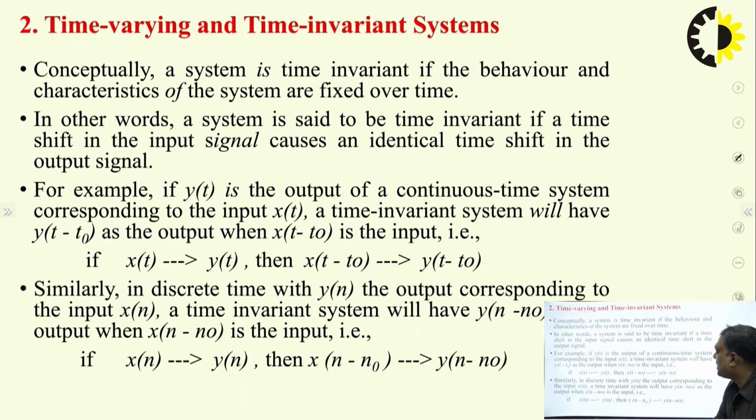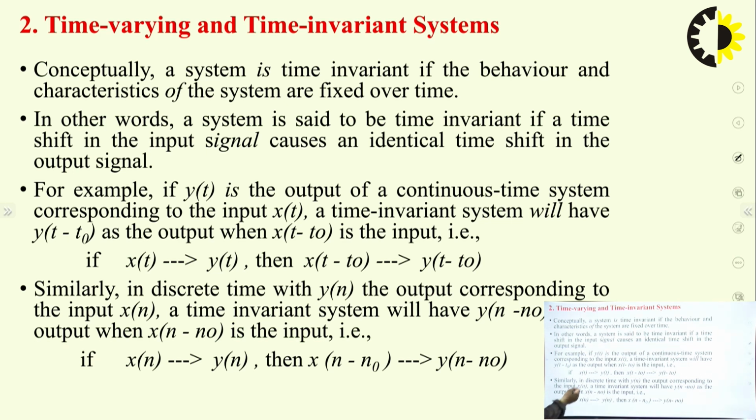Second is time varying and time invariant system. So time varying and time invariant systems are those systems which do not change their behavior with respect to time. So if the time changes and the system is not changing its behavior, then you can say the system is time invariant, otherwise it is time variant.